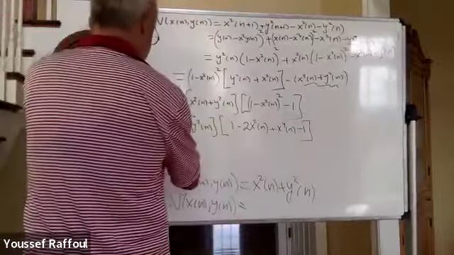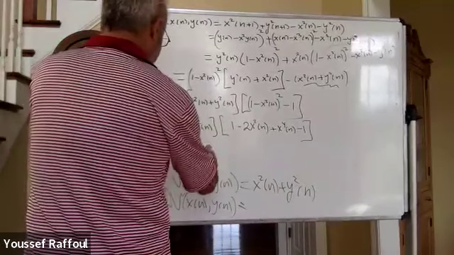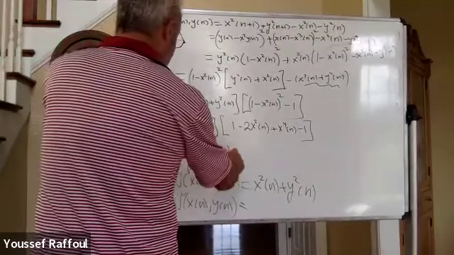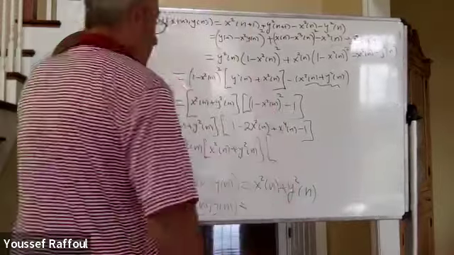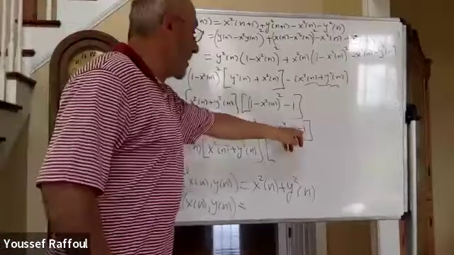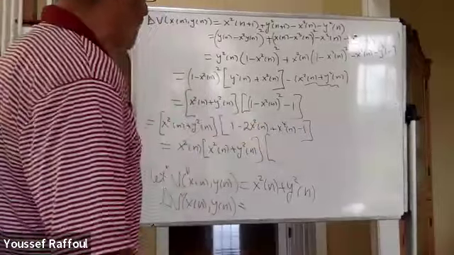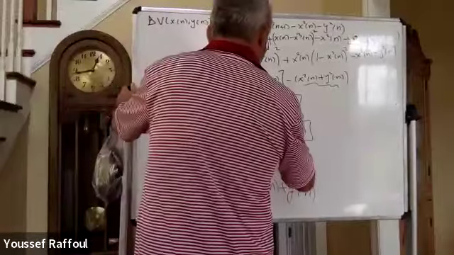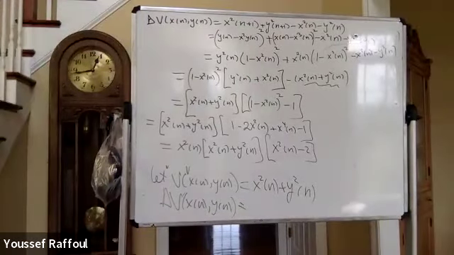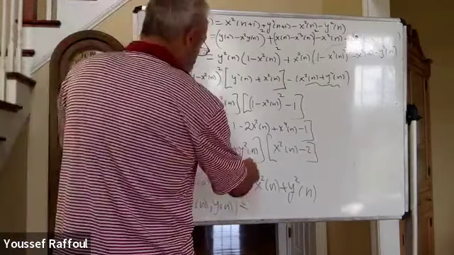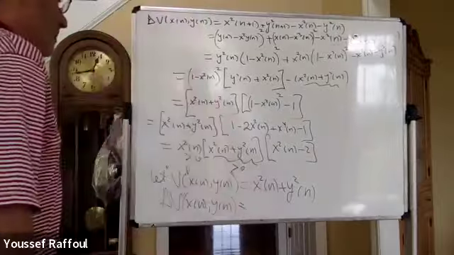And that is x squared of n plus y squared of n times, this and this cancel, and I factor x squared of n, so I have x squared of n minus 2. There we go. This is positive. This is a positive.